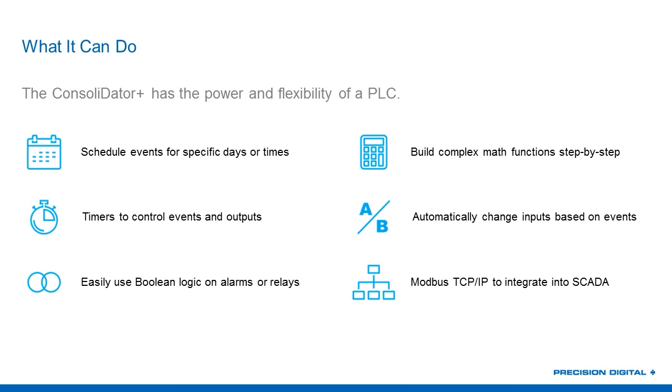The one really, really impressive feature we have is the use of Boolean operators to form more complicated control sequences. So, for example, let's say you have a couple tanks out in a tank farm, and you have this one alarm beacon, and you want to know if any of your tanks go into high alarm. You don't care which one. You want to know if any of them go to high alarm, turn that light on.